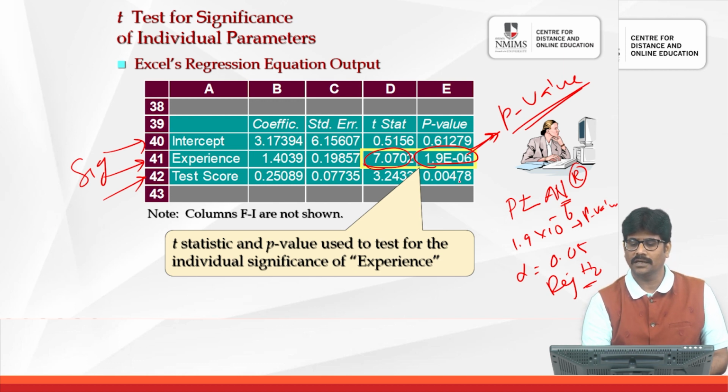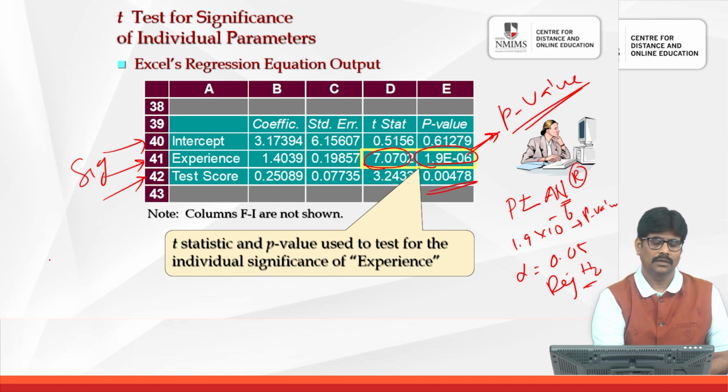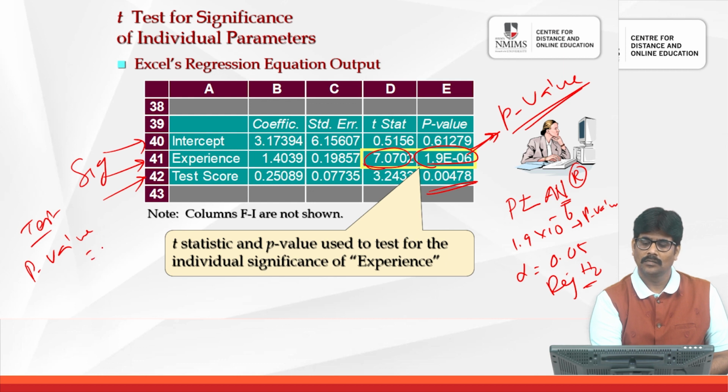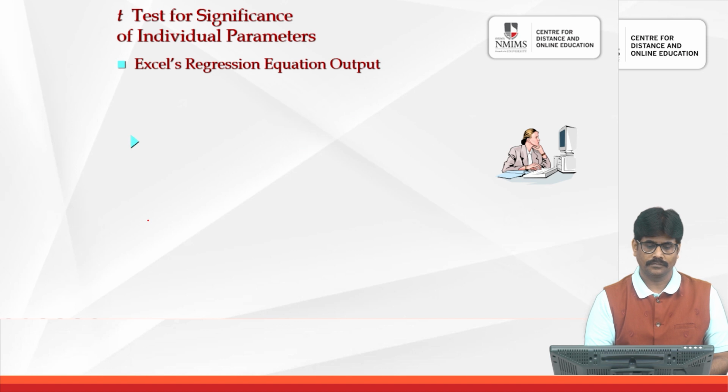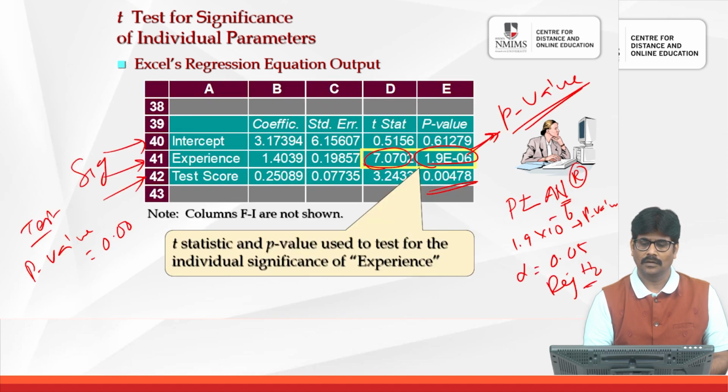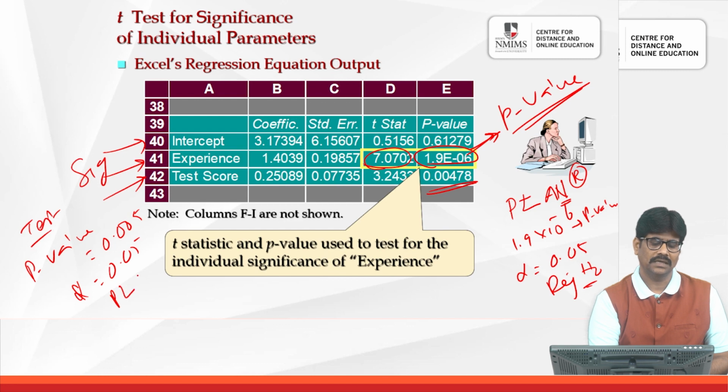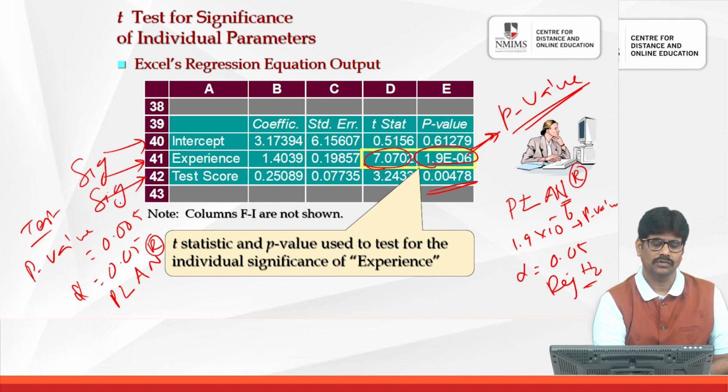Test score, if you look at it, again the p value is 0.003, even if you take 5%, then the p value is this and alpha value is equal to 0.05. Here also the p value is less than the alpha value, hence reject the null hypothesis. That means test score is also significant.